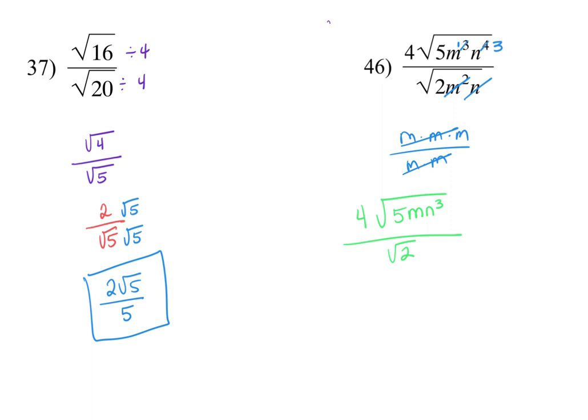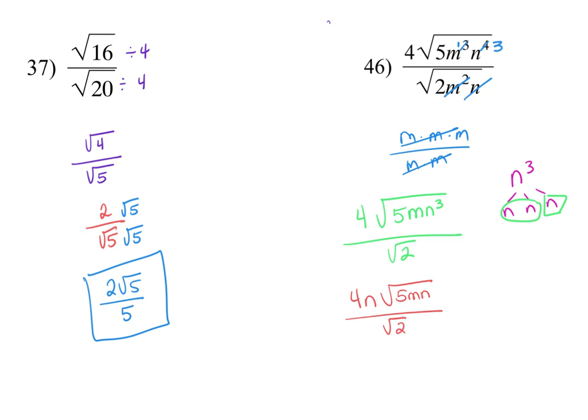So for n cubed, that is n times n times n. I can group something and take something out, can't I? Yeah, I can actually take out an n. If you divided it, 3 divided by 2, that would be 1 with a remainder of 1. So I can actually rewrite this. I can take an n out, and I have 5m with 1 n left over, right?